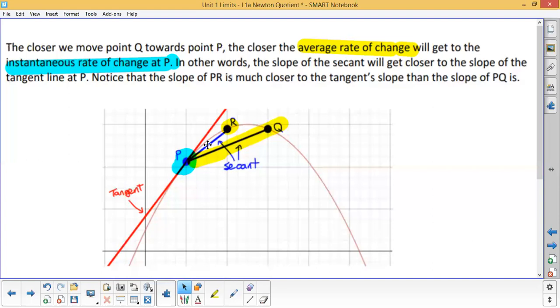So in other words, the slope of the secant will get closer to the slope of the tangent line at P as we move closer and closer to P, and draw secant lines that are as close as possible to P. And that's what we are going to be talking about today, because the real goal is to figure out the instantaneous rate of change.